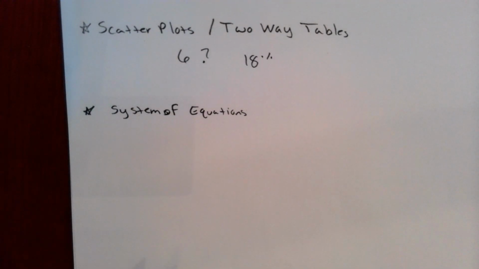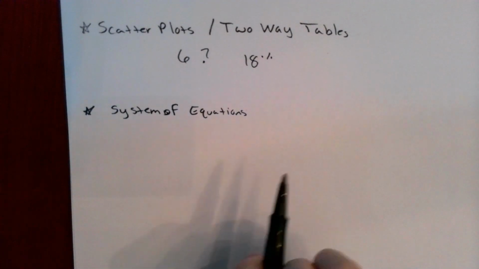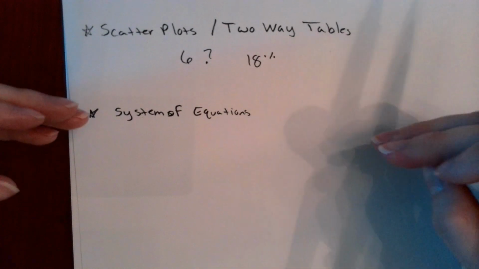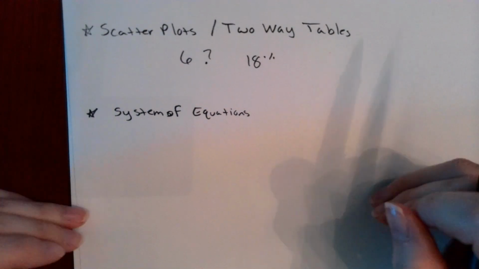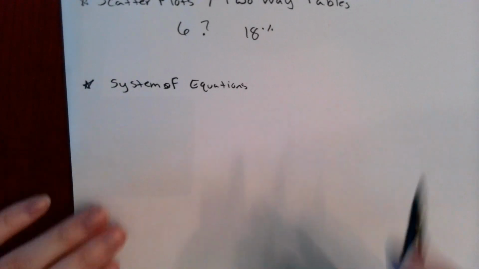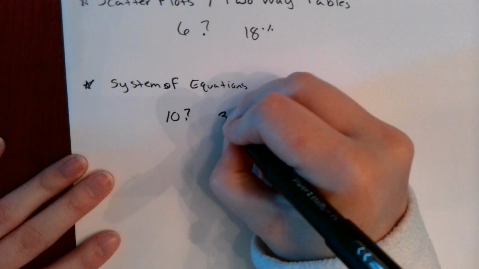So you need to know all those methods. You need to know how to write a system. So given a word problem, create the equations to a system. So all of that information is stuff that you're going to need to know for this unit. And that's 10 questions. So that's roughly 30%.